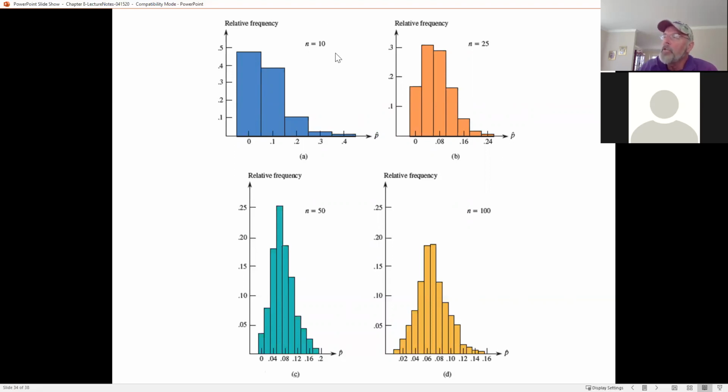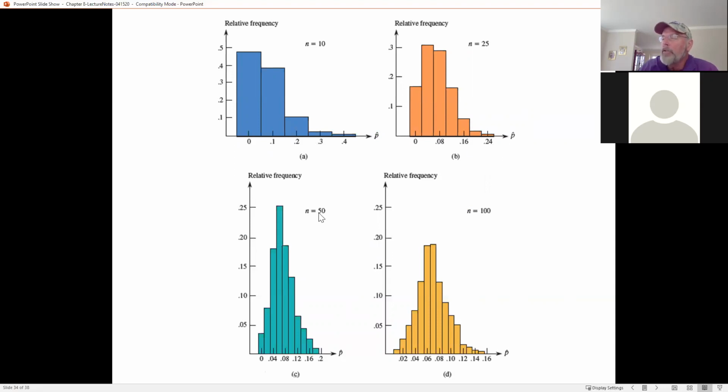That's a sample size of 10. If we were to use a sample size of 25, we still see sort of skewness here, but not the skewness that we see in this first histogram. All right, so the variation across the x-axis is very large here and much narrower here.